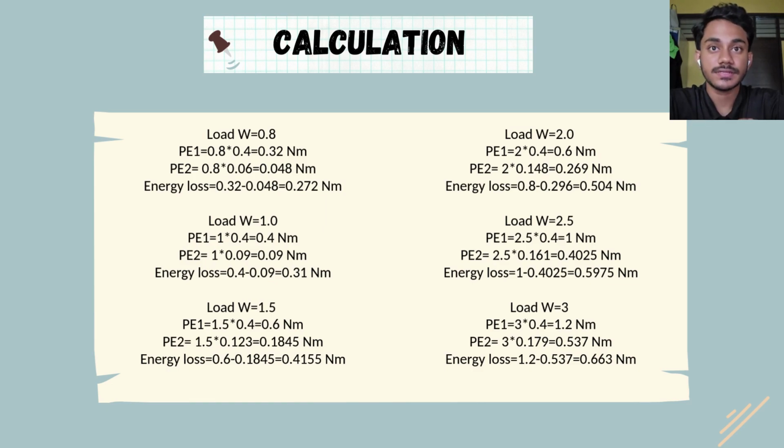Then we subtract these two values to get the energy loss: 0.32 minus 0.048 gives 0.272 Newton meters.